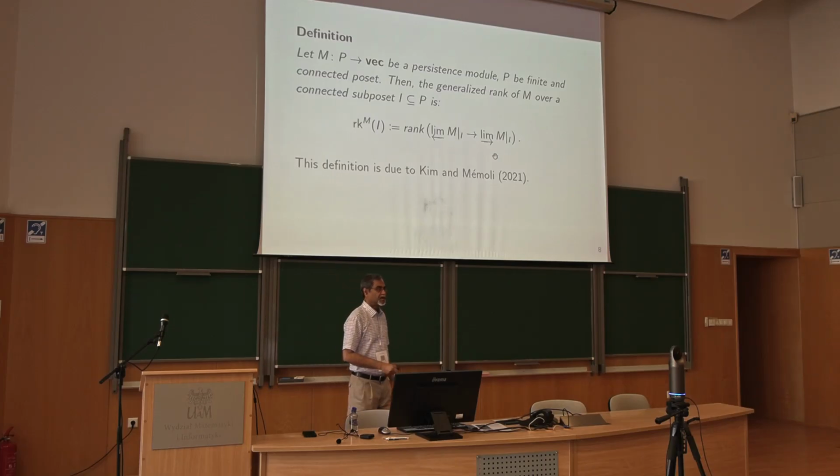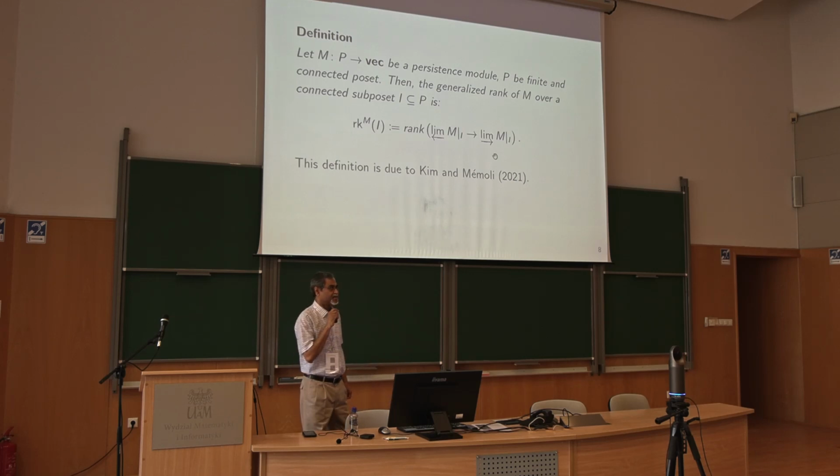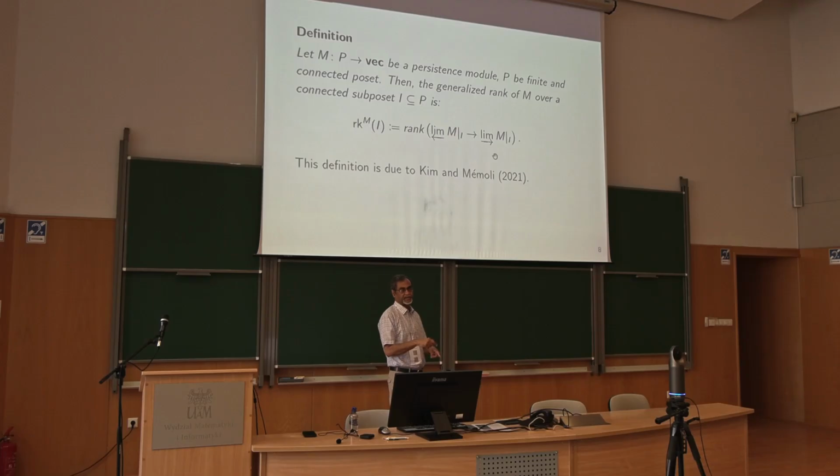But here we are going to generalize this concept, because in the two-parameter case the intervals are not very simple things, they could be a little more complicated. I'll show you some pictures, and there you don't have a notion of rank. The rank is only valid if your interval is a rectangle. Then from the bottom left corner to the upper right corner, there is a notion of rank over the diagonal. But if the interval is more complicated, then the rank concept does not work. So that's why the concept of generalized rank came in.